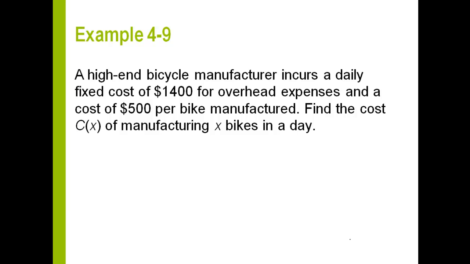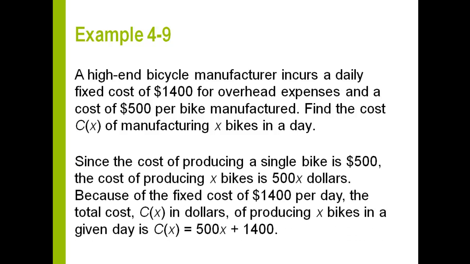So to do this, we would say, okay, the cost of producing one bike is $500. We need to multiply that times x, and then our fixed costs for the day are $1,400. So our cost to produce x number of bikes is 500x plus 1,400.